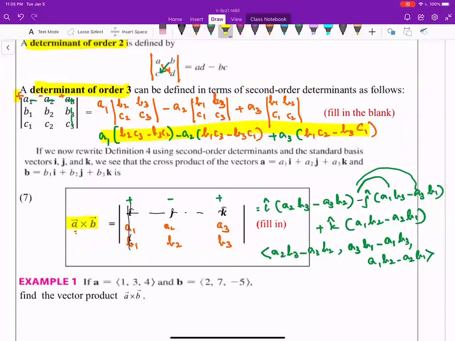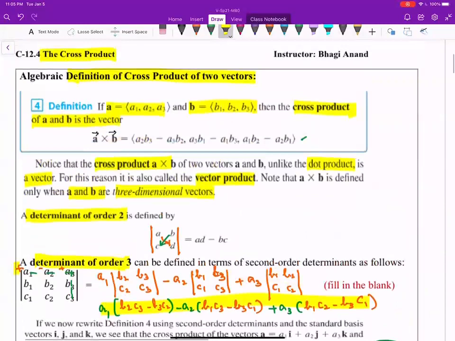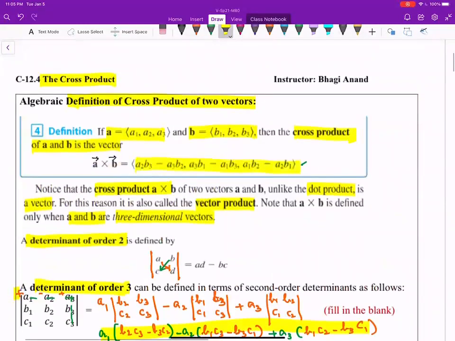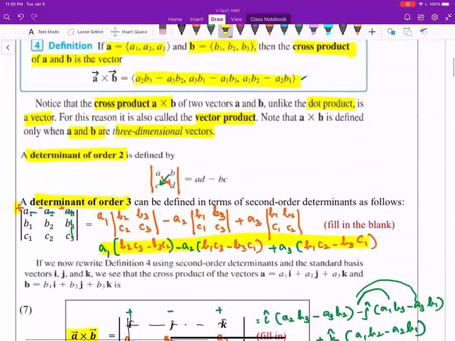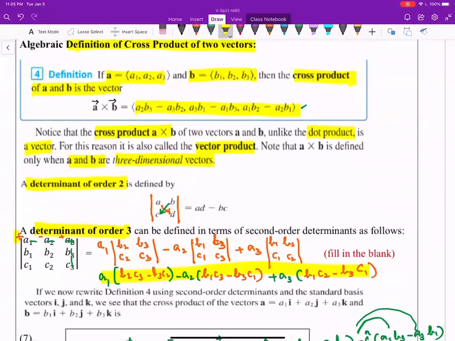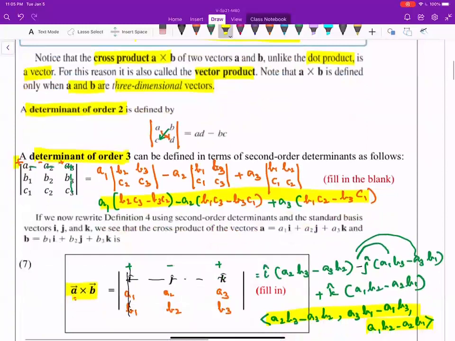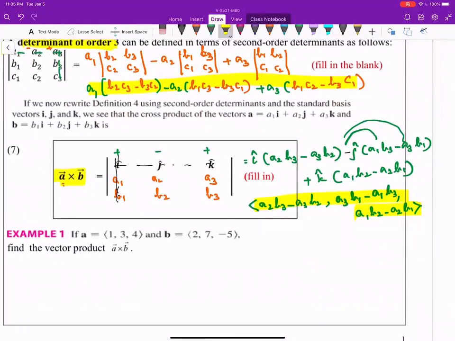If you compare this value and this value, they are one and the same. So A cross B, instead of remembering the first way, we can actually remember this in the determinant way. Then it becomes a lot simpler.